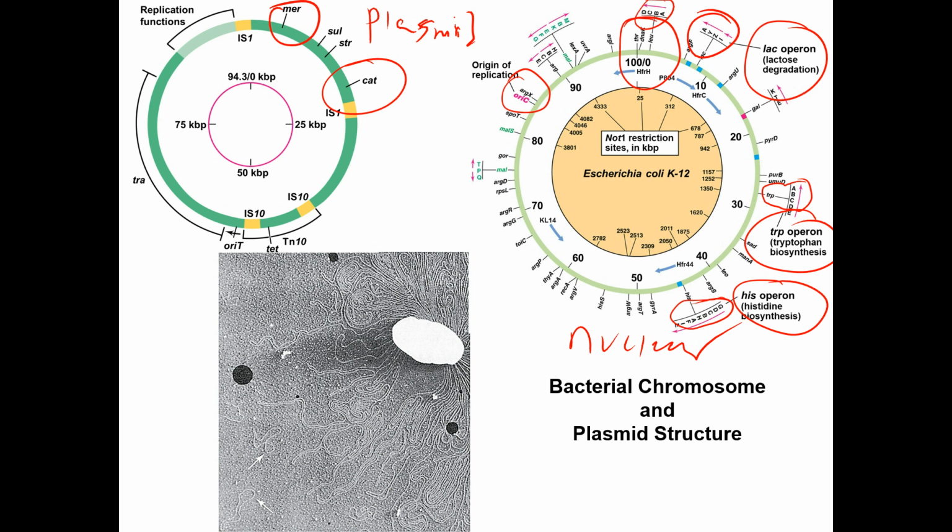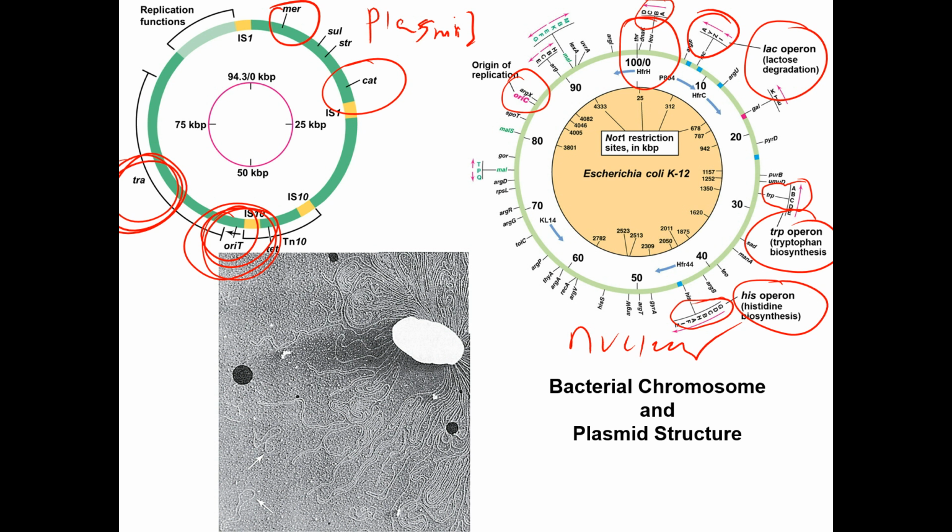You have genes that are involved in the replication of the plasmid itself. And your plasmid has its own origin of replication called the OriT site, or the origin of replication for the plasmid.